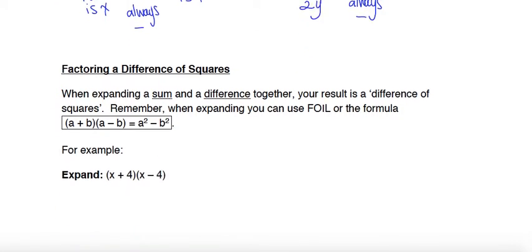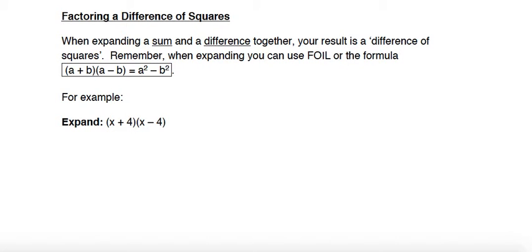So how do we factor a difference of squares? Well, we have to remember about difference of squares in terms of foiling, factoring trinomials, and so on. When expanding a sum and a difference together, your result is going to be a difference of squares. When expanding, you can use FOIL or the formula a plus b times a minus b equals a squared minus b squared.